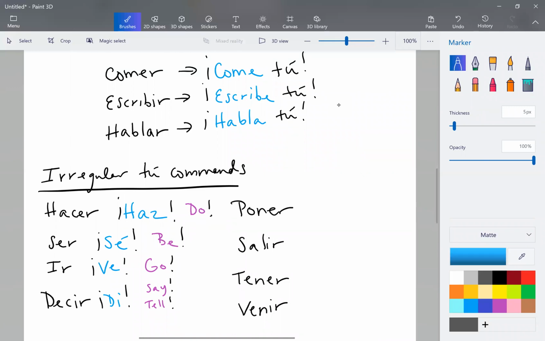For poner, we have pon, which means put.